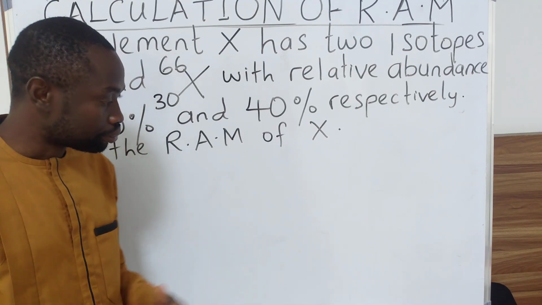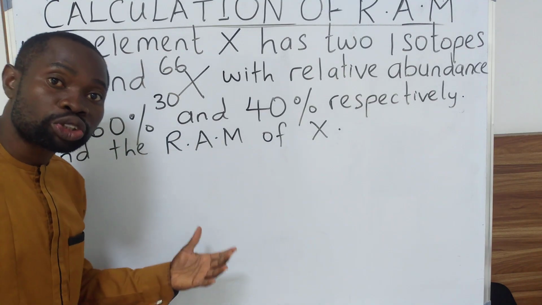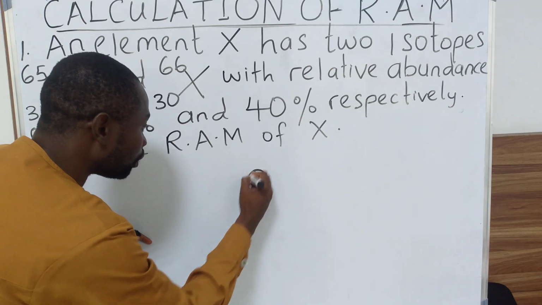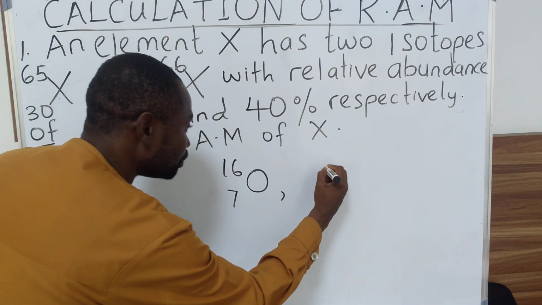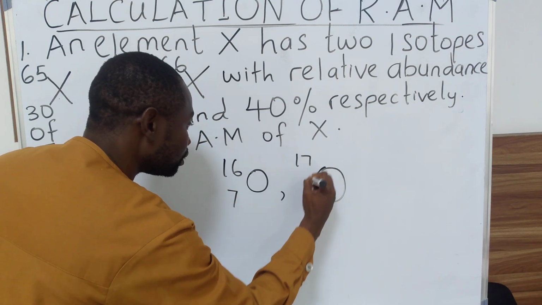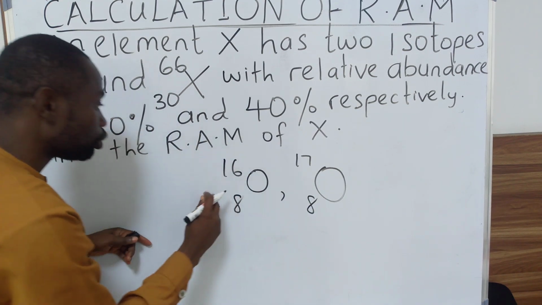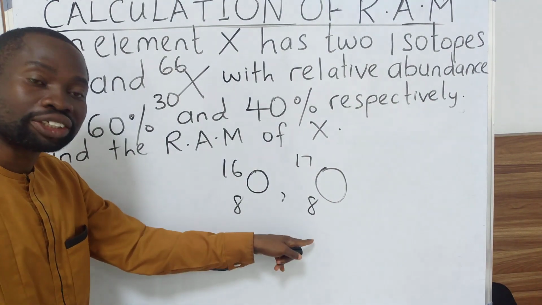Okay? For example, isotopes of oxygen are oxygen 16, 8 and oxygen 17, 8.